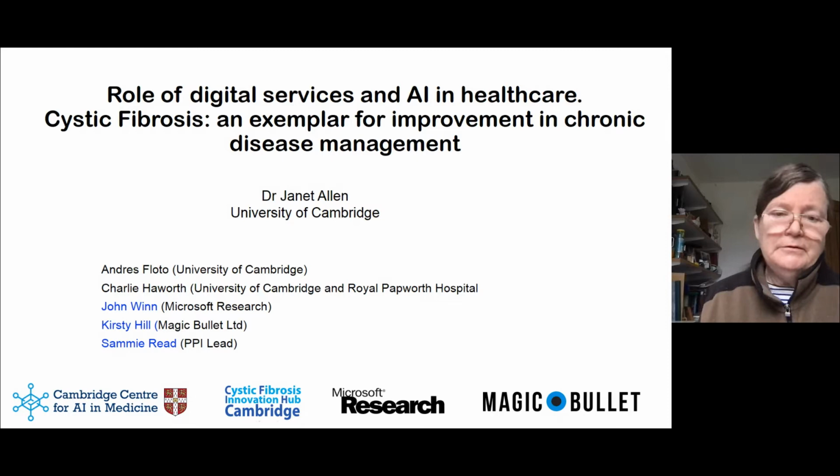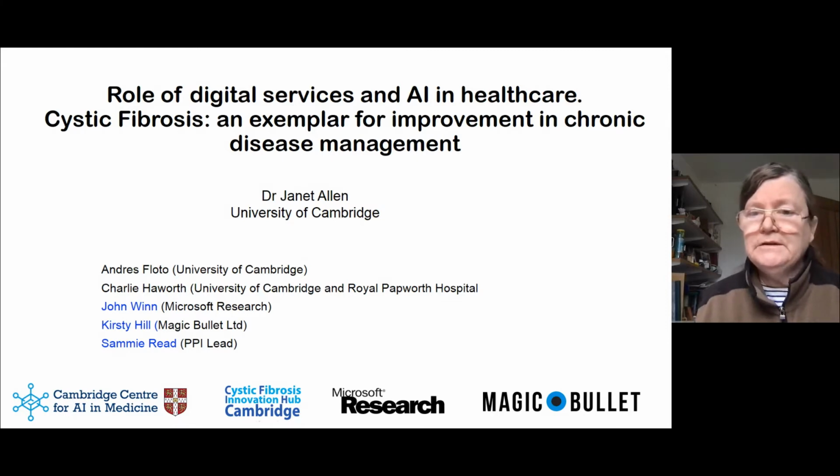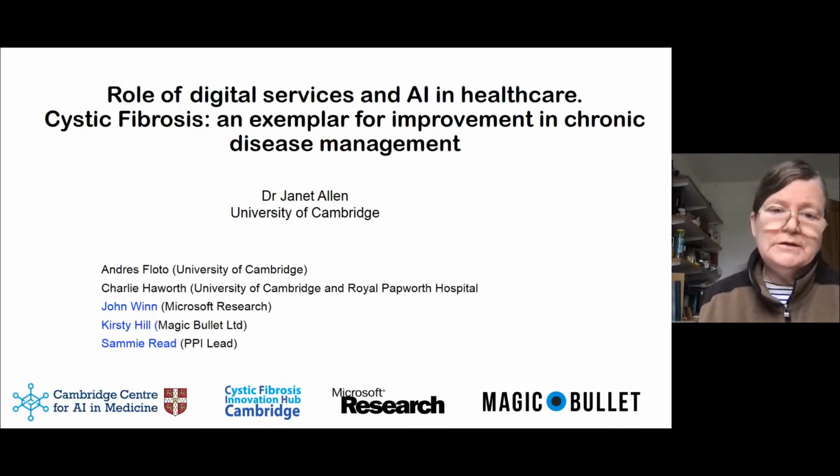This is a multidisciplinary program that is being run from the University of Cambridge, from Papworth Hospital, but it includes NHS centres, CF centres in Scotland, Wales, England, and now also Northern Ireland. So it covers all the devolved nations.